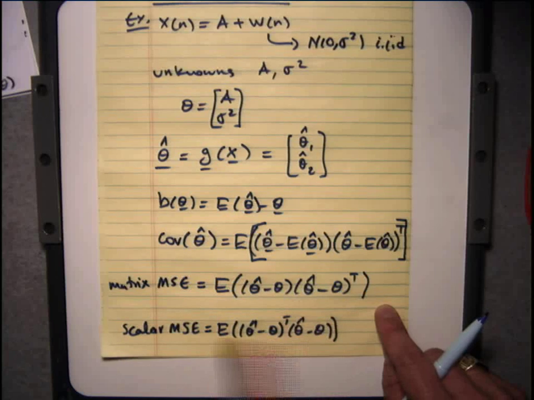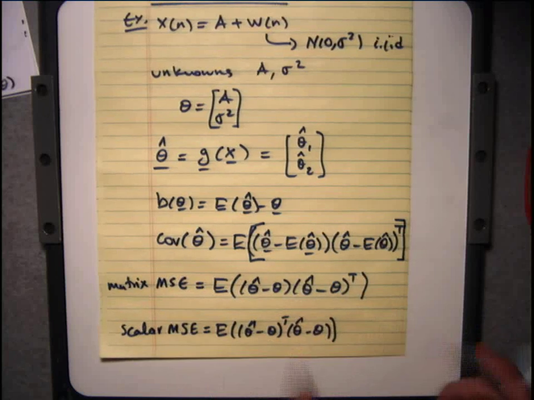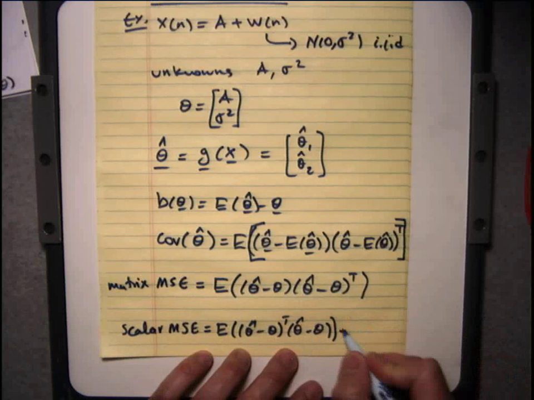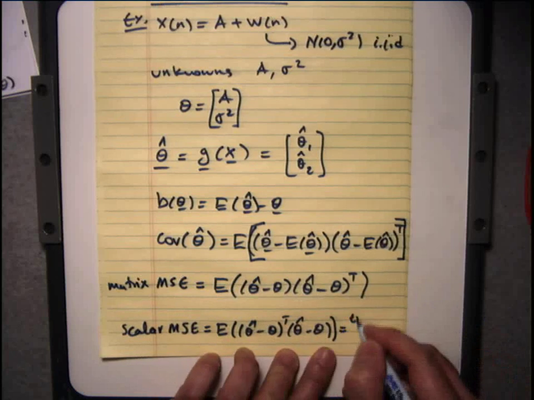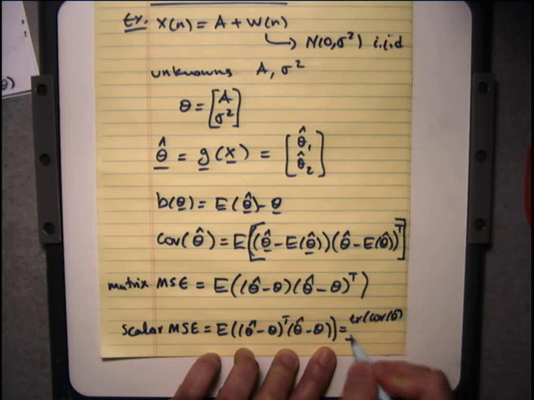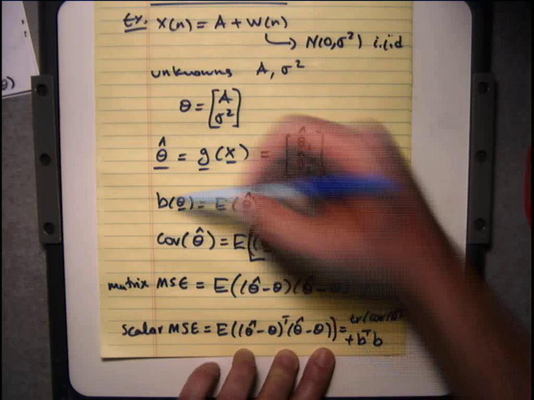And what is this equal to? This turns out to be equal to the trace of the covariance of theta hat plus B transpose B, where B is the bias vector.